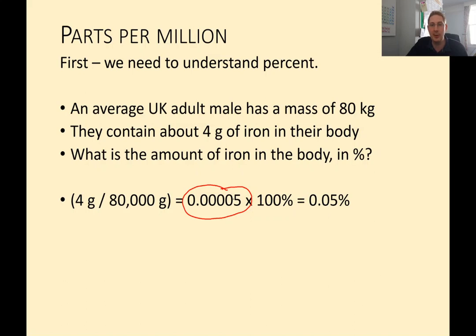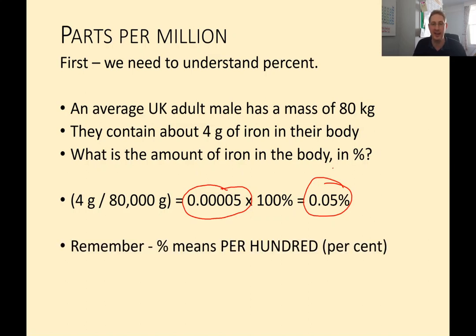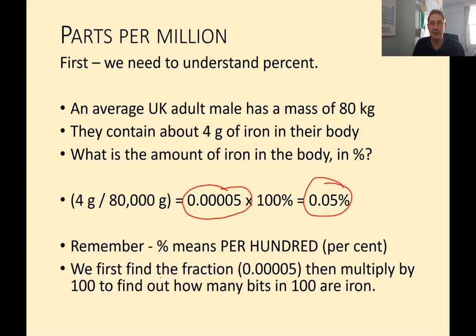So if we want to know how many parts there would be in 100, it's 0.05%. And I doubt any of you would struggle with that. Percent means per 100. See the link. We first find out the fraction, then multiply by 100 to find out how many bits in 100 in the body would be iron, and it's 0.05.